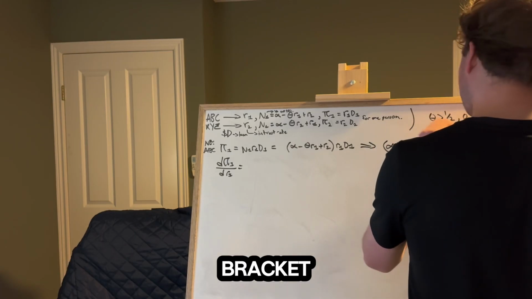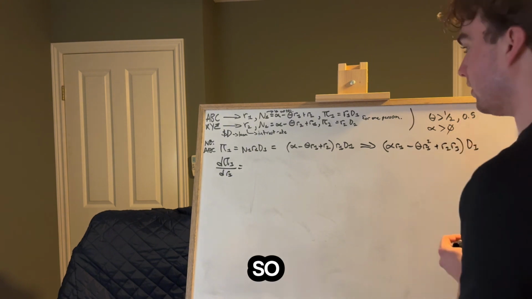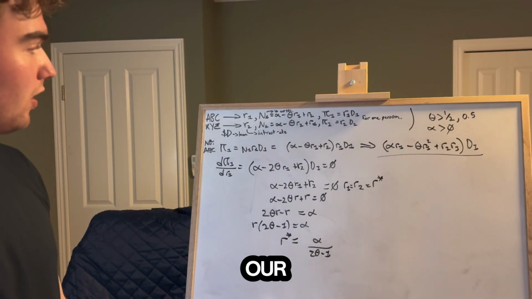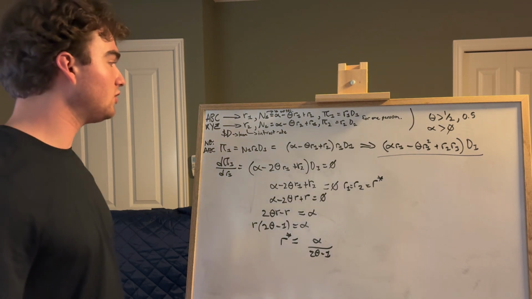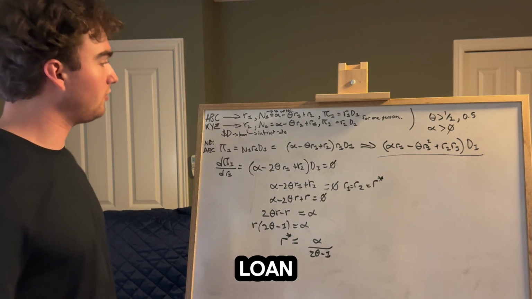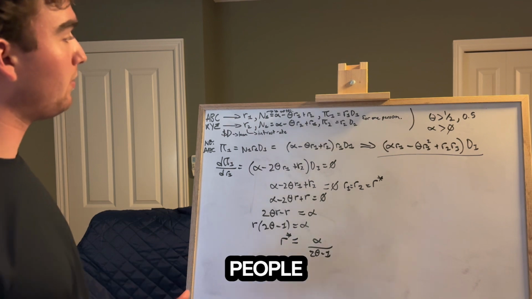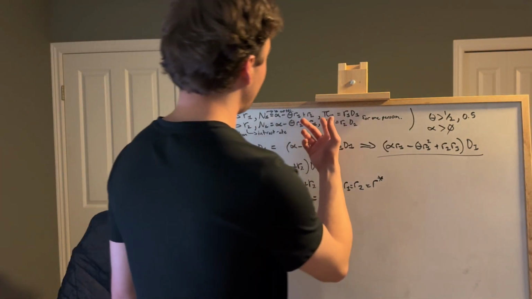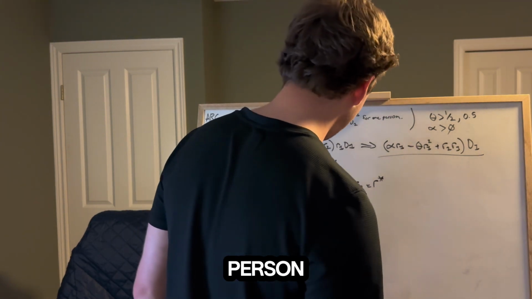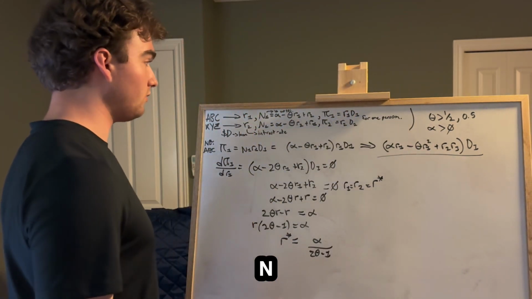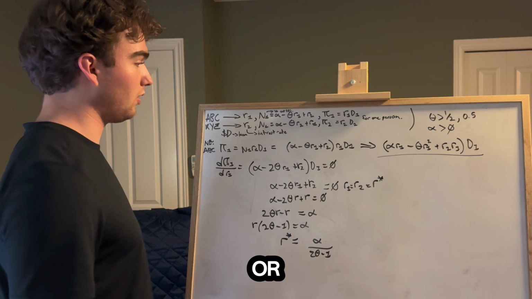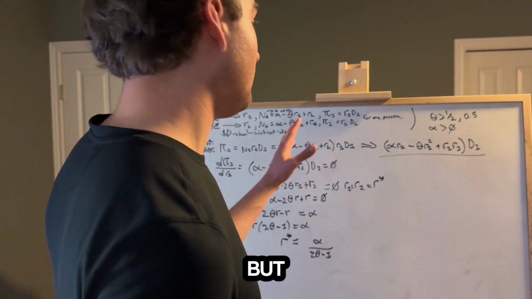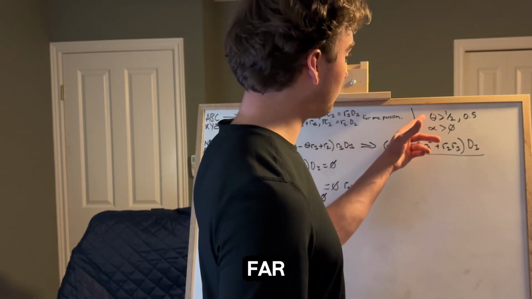So it's probably easier to look at it like this. We have our initial story: two banks, loan, interest rate, number of people interested in the loan. We have our profit function for one person.